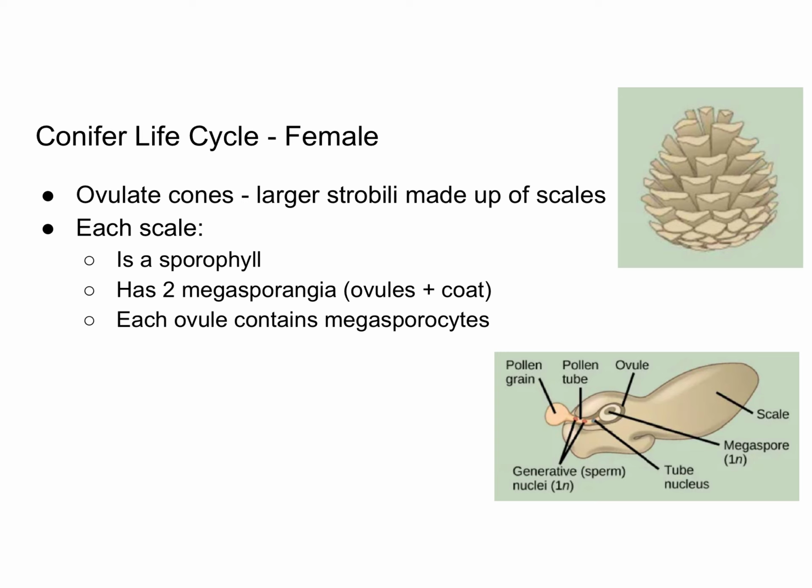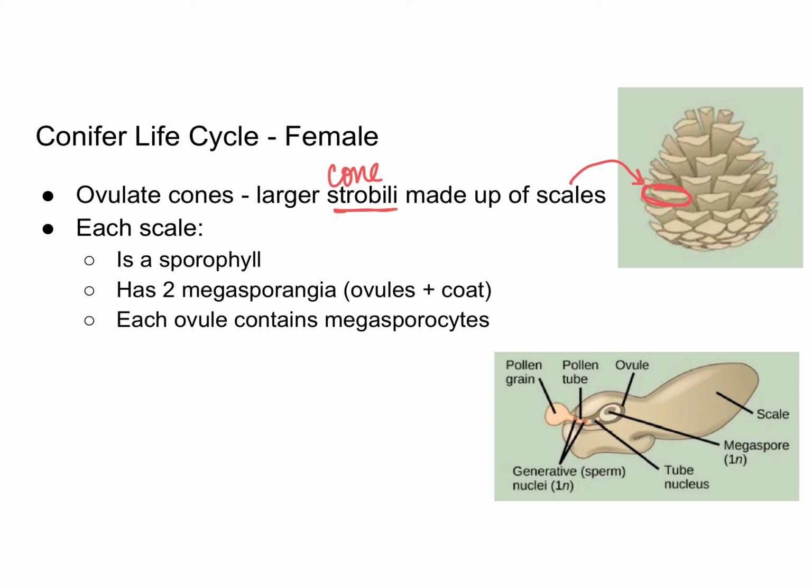So the female cones are known as ovulate cones, and they are larger strobili. Strobili is just kind of a fancy word for cone. And they're made up of scales. So each one of these is a scale, and each scale is a sporophyll.